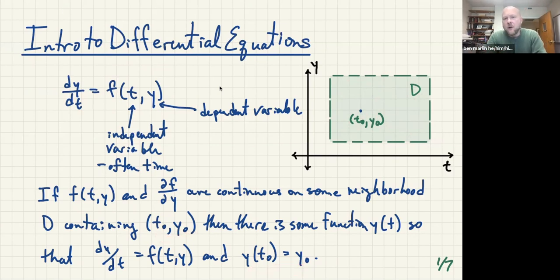And so around that point, t naught, y naught, if the function f of t, y and its partial with respect to y are both continuous, then we're going to be guaranteed, at least in the interval where we have that continuity, that we have some function y of t that satisfies our differential equation and our initial condition, right?